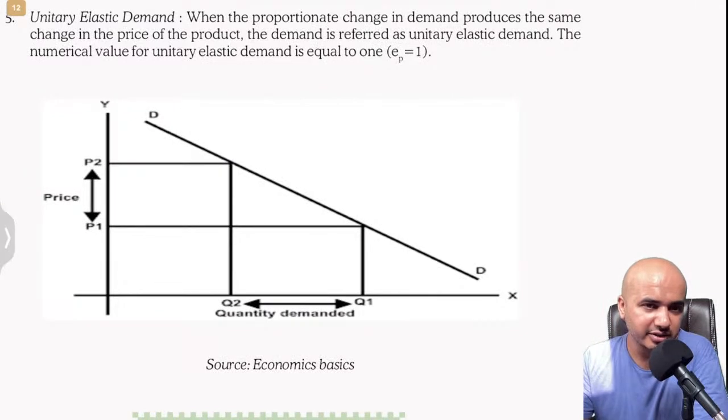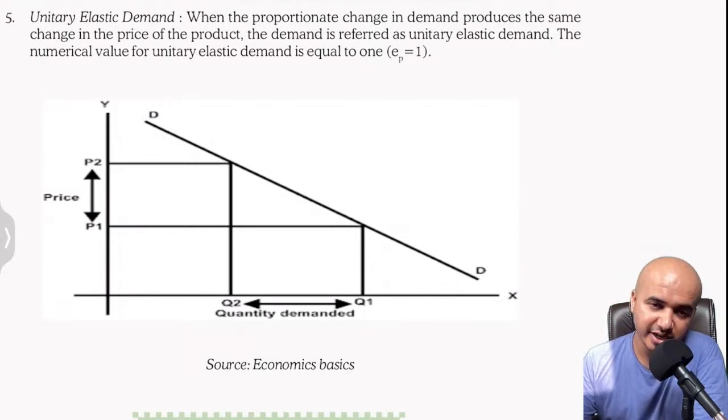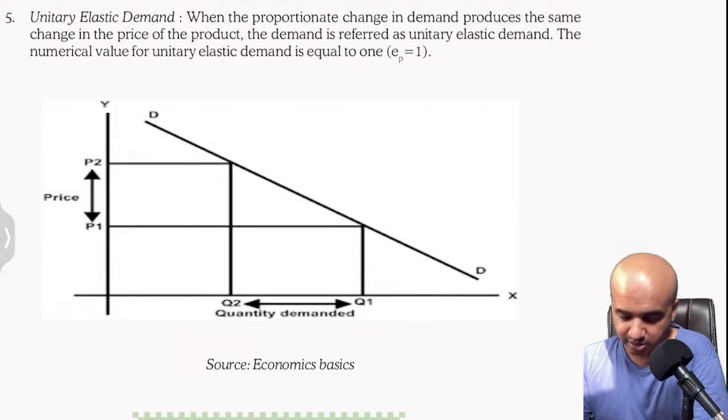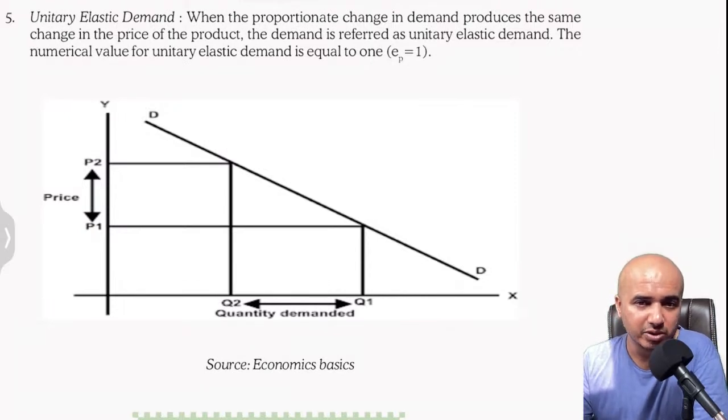Then there is unitary elastic demand, the example for which I gave earlier when I was discussing perfectly elastic, wherein we say if the price comes down by 10%, demand will also come down by 10%, and vice versa, if the price goes up by 10%, demand will also go up by 10%, wherein elasticity is equal.